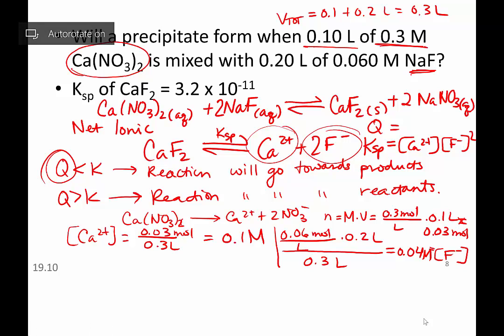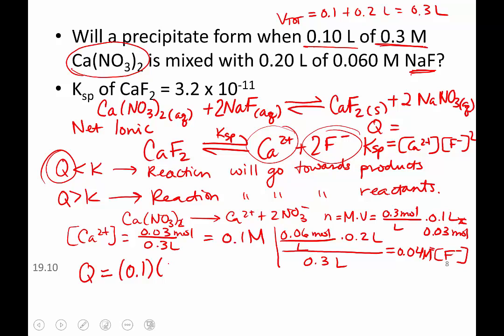All right, so now that we've calculated the concentrations, we can calculate Q. So our reaction quotient is just going to be equal to our calcium concentration, which is 0.1, times our fluoride concentration squared, which is going to be 0.04 squared.